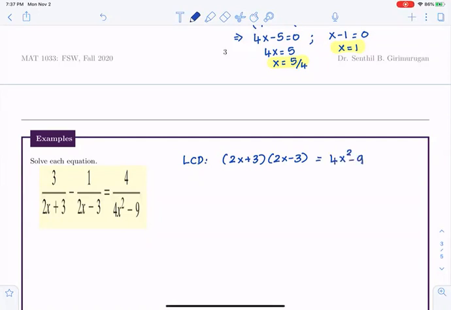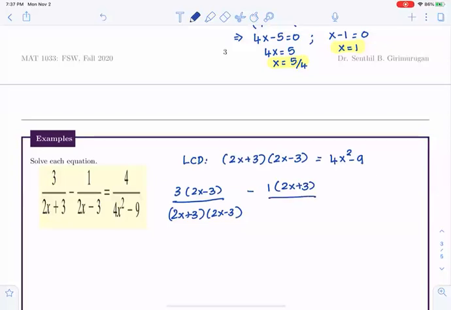So I'm going to multiply the first rational expression by 2x minus 3 and divide by 2x minus 3. Take the second rational expression, multiply by 2x plus 3 and divide by 2x plus 3.